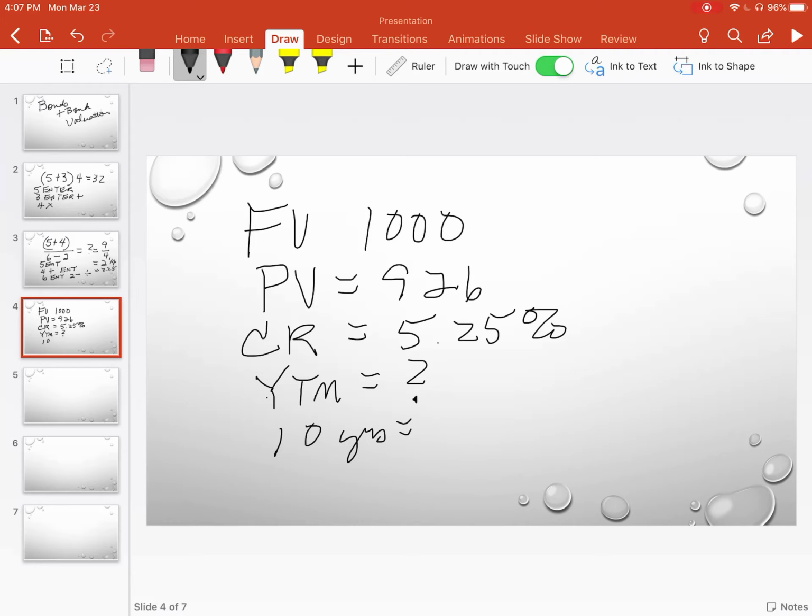So in this case, I've given you the variables. We just simply need to plug those in for future value, present value, the coupon rate, and yield to maturity is what we're solving for.